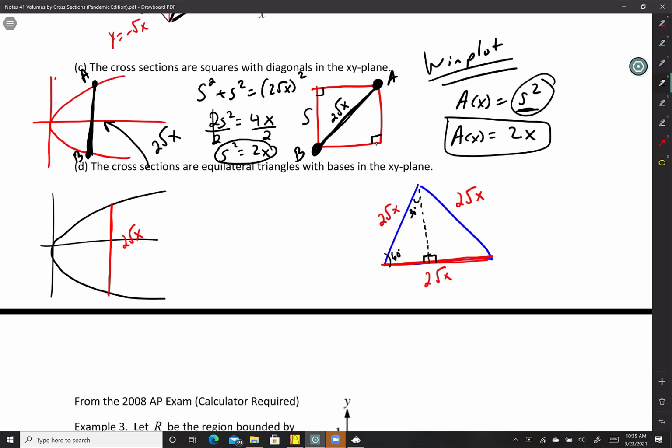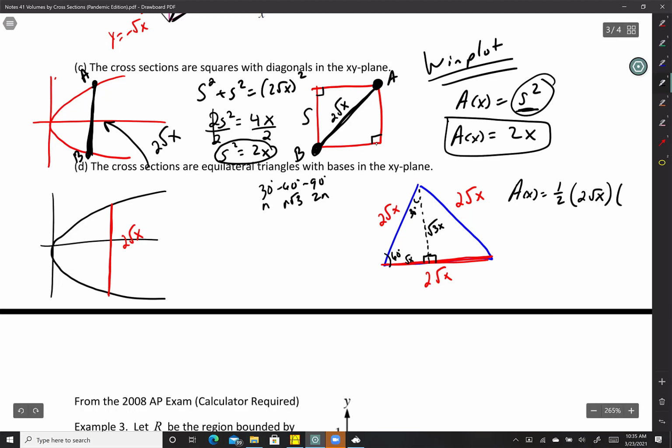So that means this is square root of x. In a 30, 60, 90, it is n, n square root of 3, 2n. So square root of x times square root of 3, so that's square root of 3x. So here it is. Area, 1/2. The base is 2 square root of x, and my perpendicular height, square root of 3x.